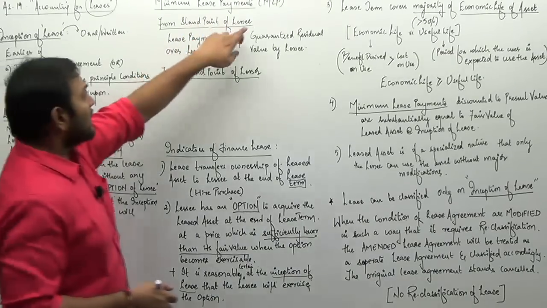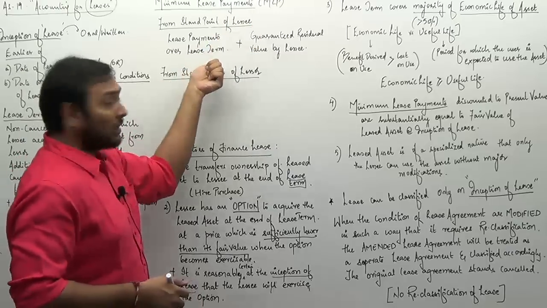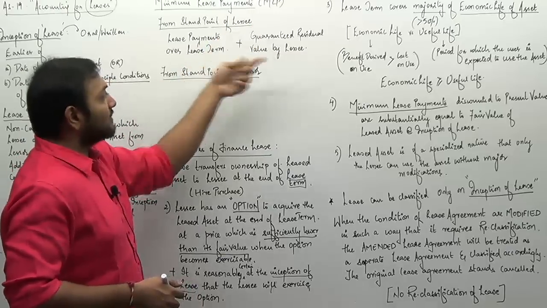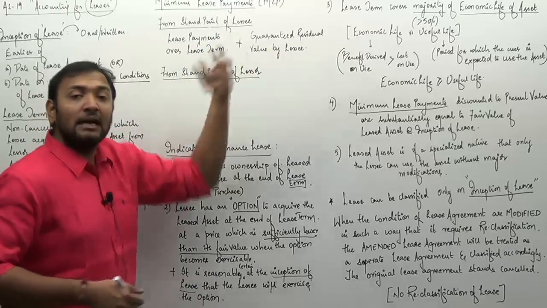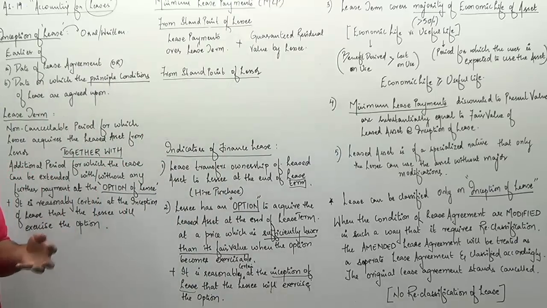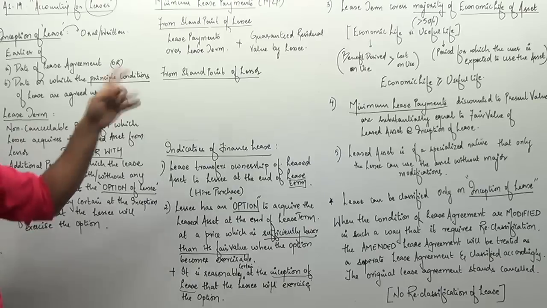Yes guys, what the lessee pays is whatever is the lease payments over the lease term plus a guaranteed residual value. The residual value is the amount which he is supposed to pay towards the end of the lease term.